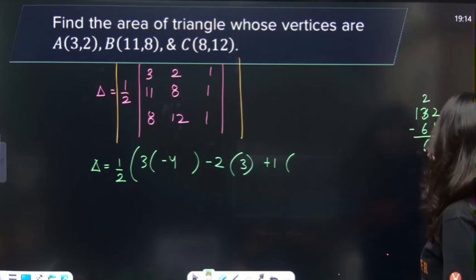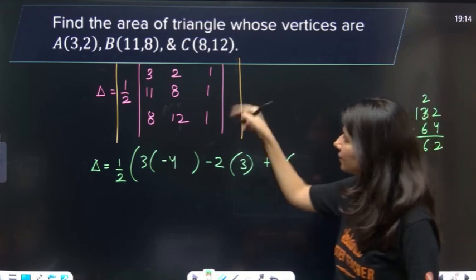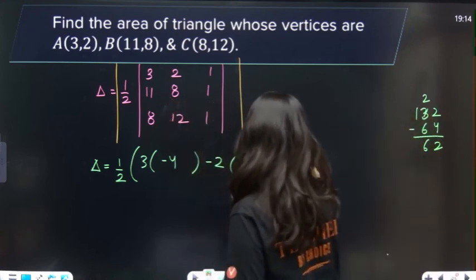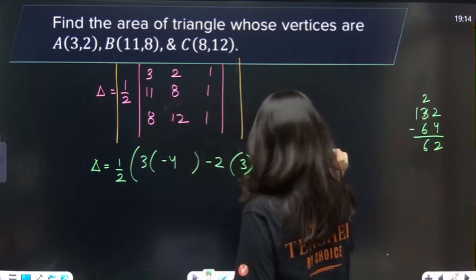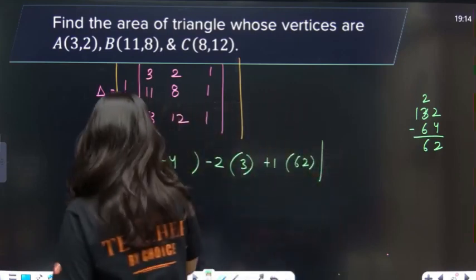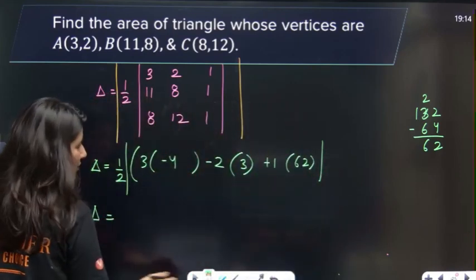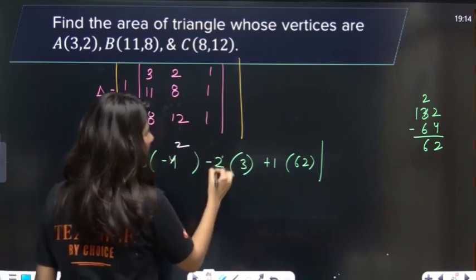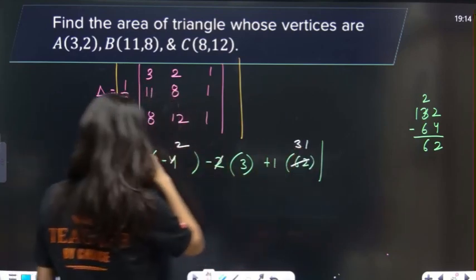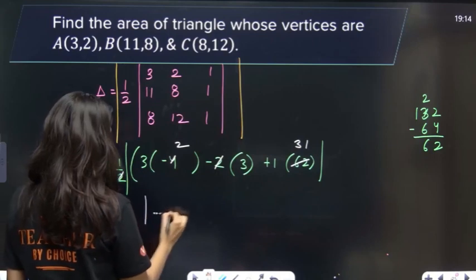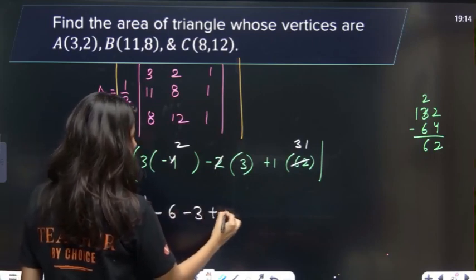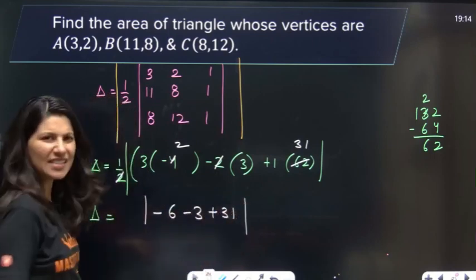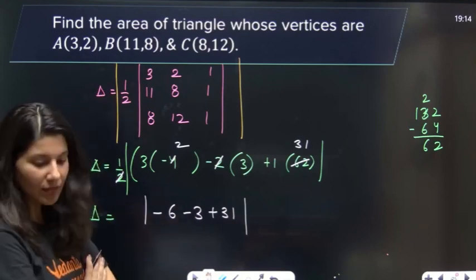And there is a modulus involved. So area is equal to, now what we can do is cancel the 2. So this is minus 6 minus 3 plus 31.